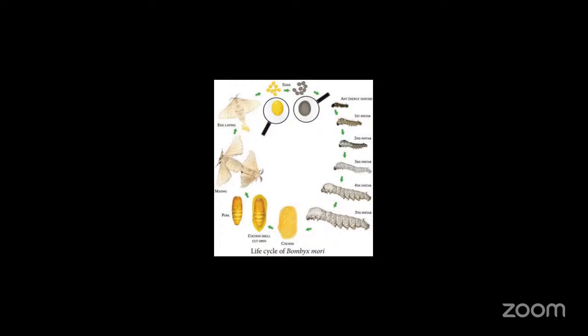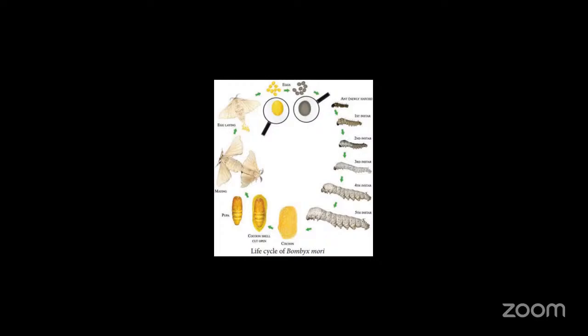So mother moth examination is very important, as is silkworm egg handling, how to handle the silkworm egg, preparation of loose and sheet eggs, and egg surface sterilization. All these things will be discussed in this session.